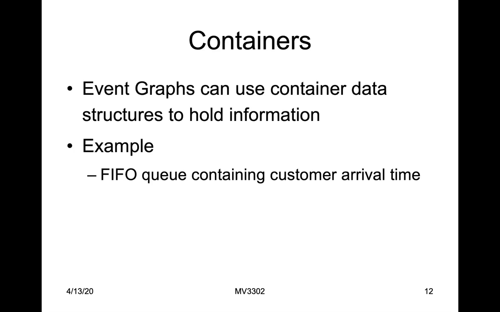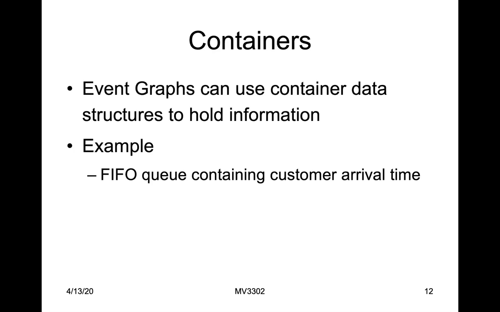But in our example, supposing we were allowed to have a FIFO, first in, first out queue containing the customer arrival time. And by queue here, I mean the data structure queue. Think of a linked list or a sorted set or something like that. So maybe think of a sorted set in this particular case.